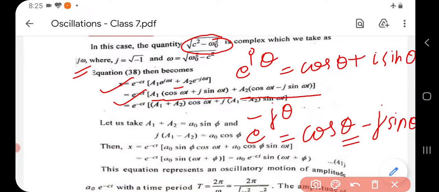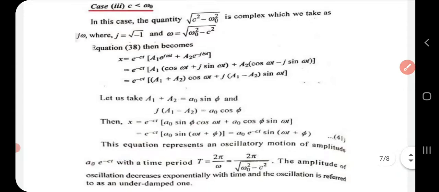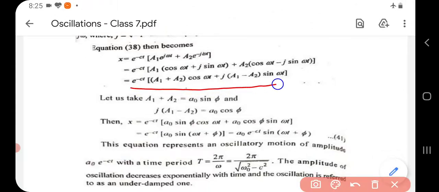Then rearrange the common factors. So you will get it like this, that is, grouping cos omega t terms together and sin omega t terms together. Now, take a1 plus a2 as a0 sin phi and a1 minus a2 as a0 cos phi. Now, make that substitution in this equation. So this equation will reduce to this one.